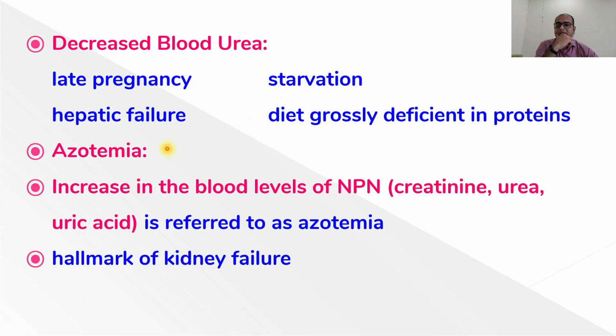That leads to one particular term called azotemia, which is an increase in the blood levels of NPN, non-protein nitrogenous substances like creatinine, urea, and uric acid. If this condition is there, it is considered a hallmark of kidney failure.